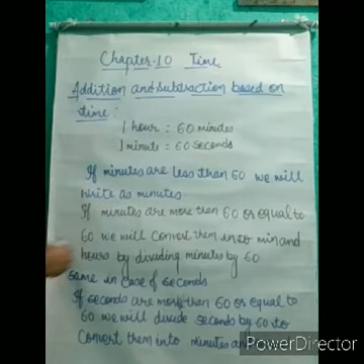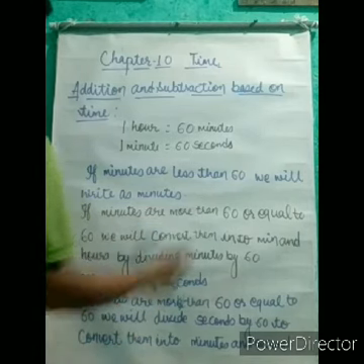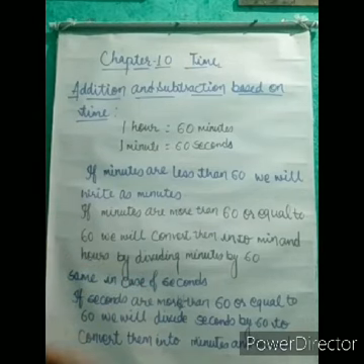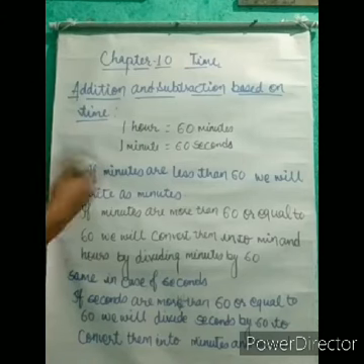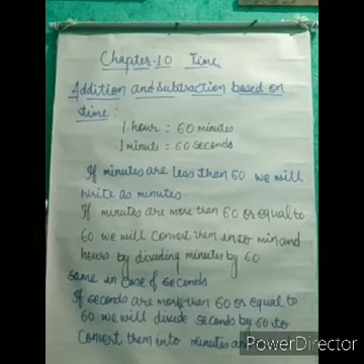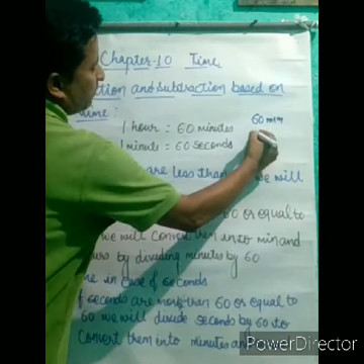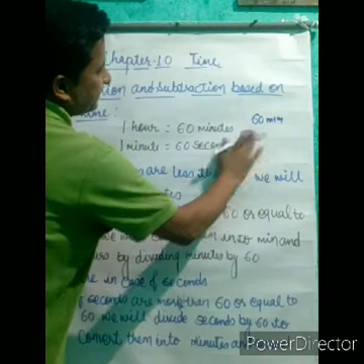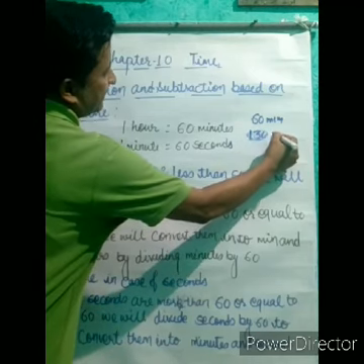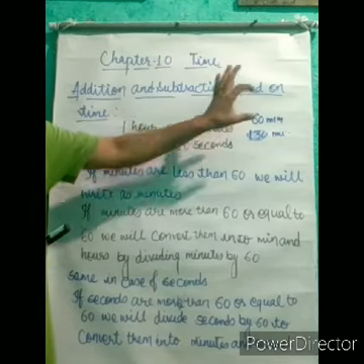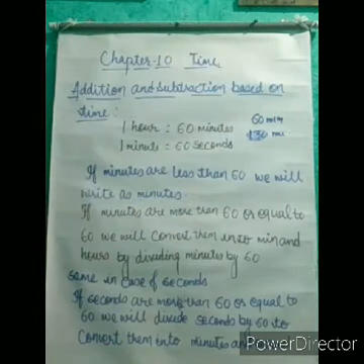But if the minutes are more than 60 or equal to 60, like 61 minutes, 62 minutes, 63 minutes, or 130 minutes, 140 minutes, 200 minutes, 400 minutes, in that case it is necessary to convert these minutes into hours and minutes.